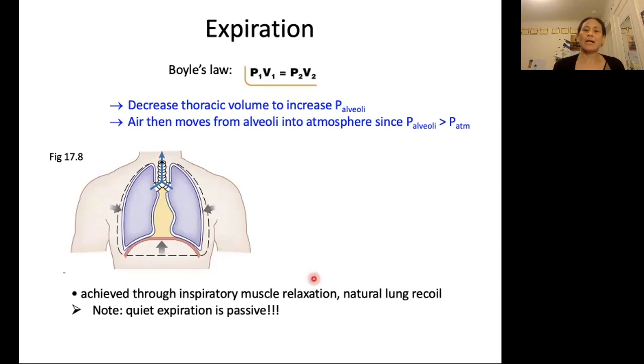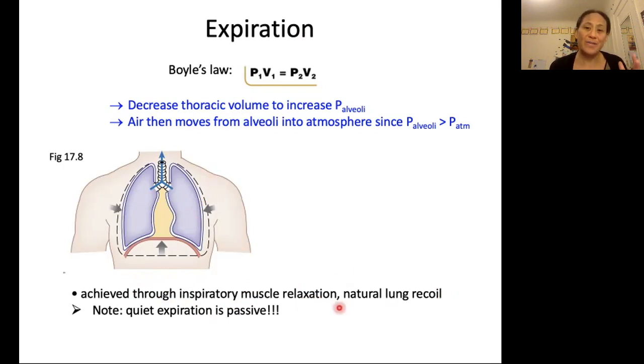When we do quiet breathing, like normal breathing, our decrease in thoracic cavity volume does not actually require any effort. The way that we decrease our thoracic cavity volume is just to relax our inspiratory muscles and also to rely on our natural lung recoil.